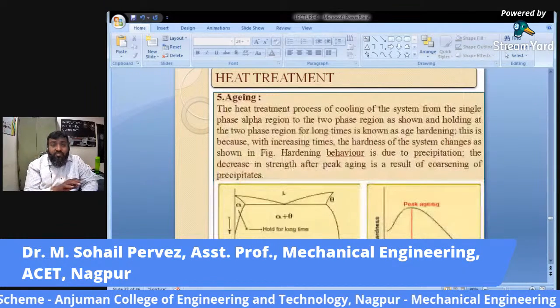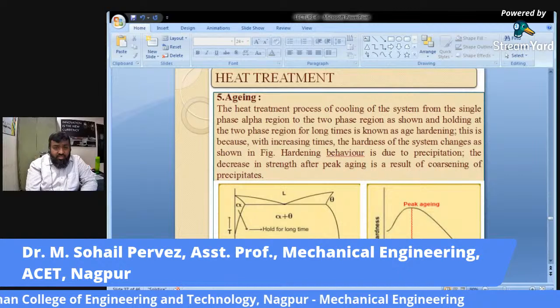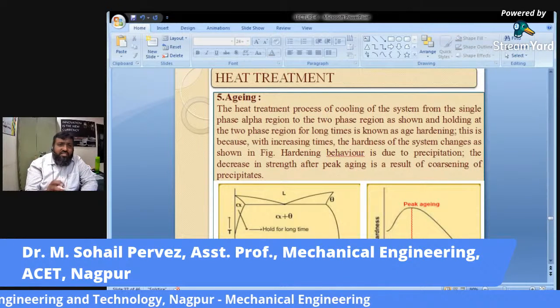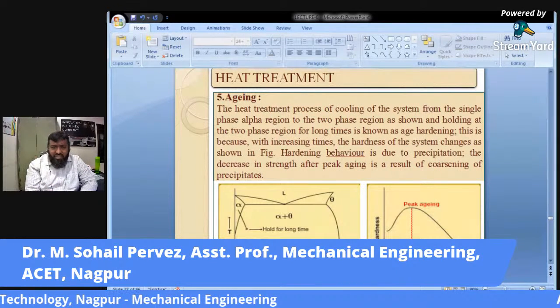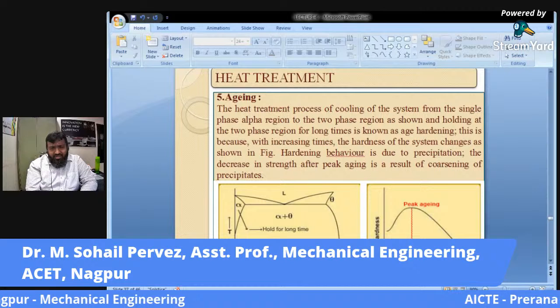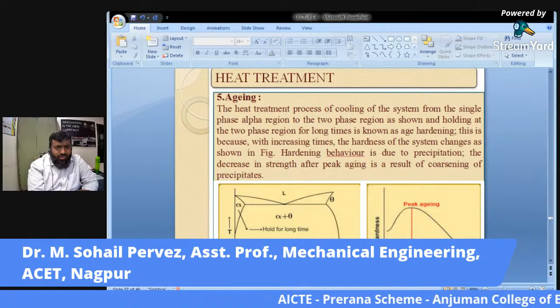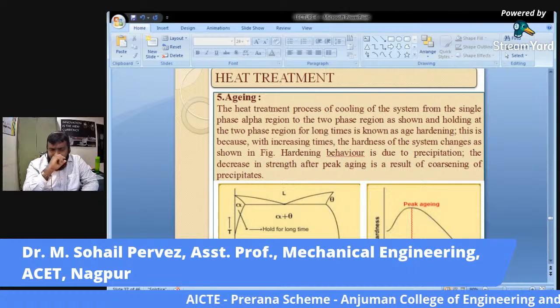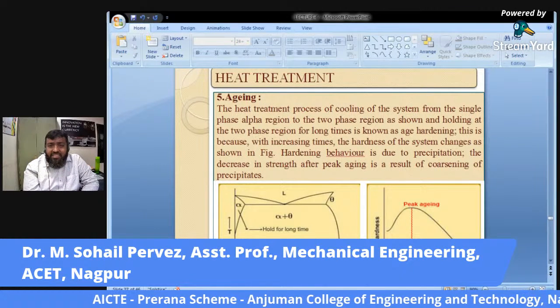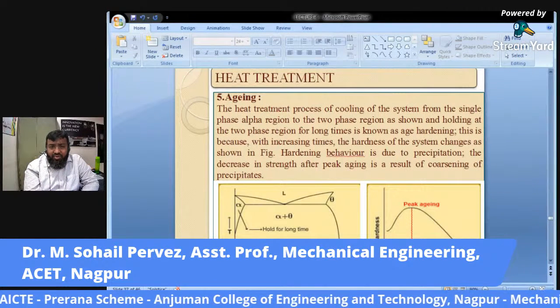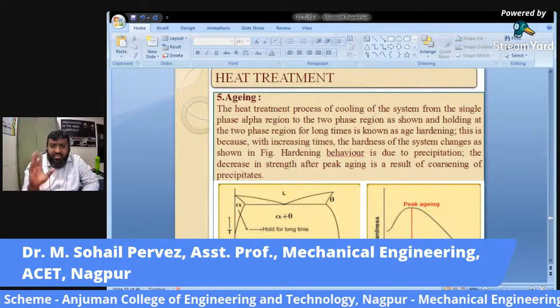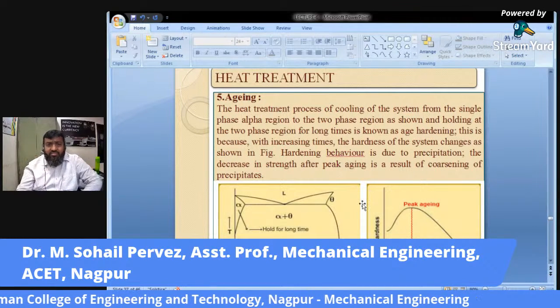So the next is aging. Aging has a very basic logic that you have to hold that particular material at the temperature for a long time and then release it, and the aging will be done.